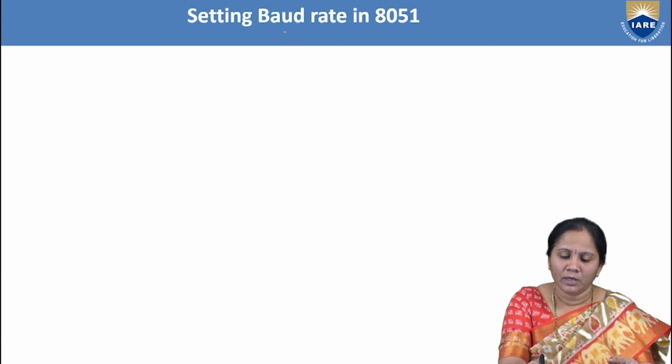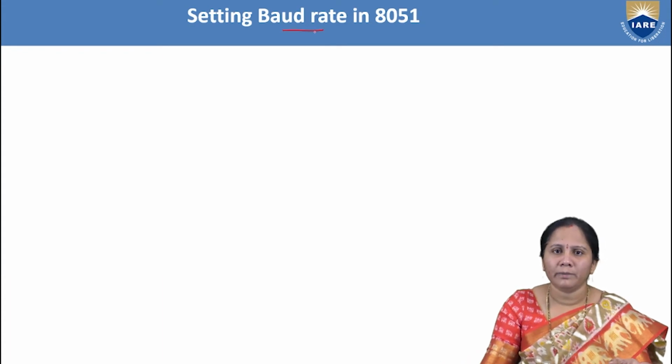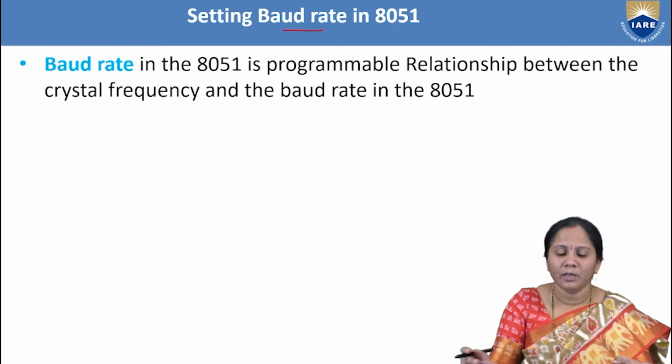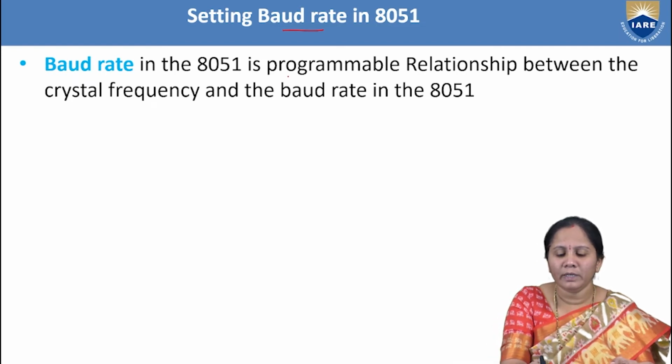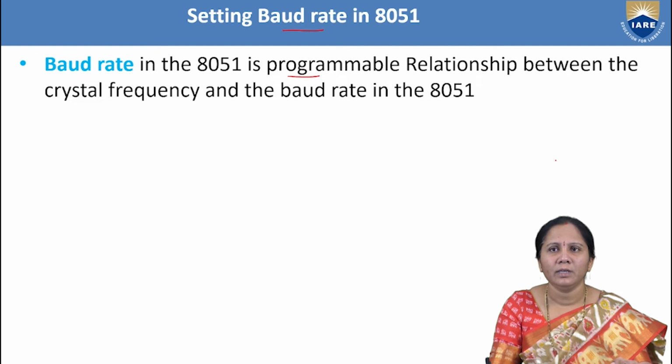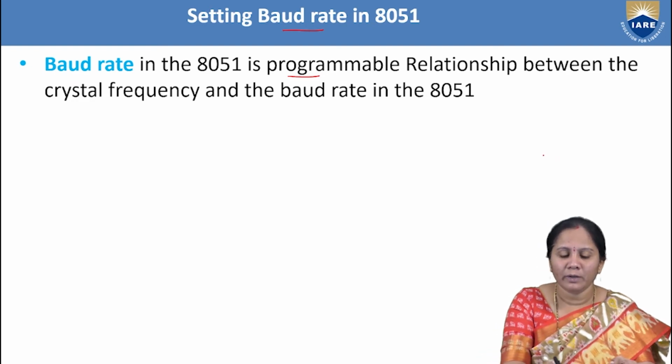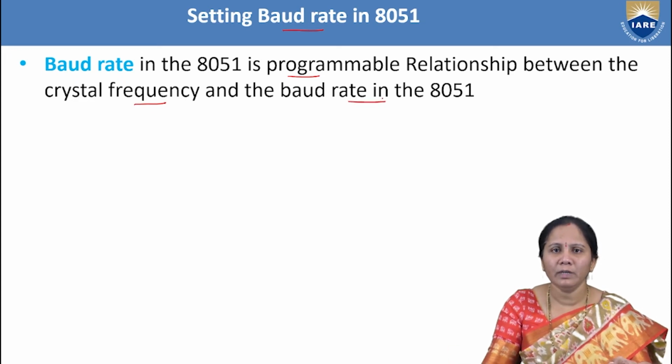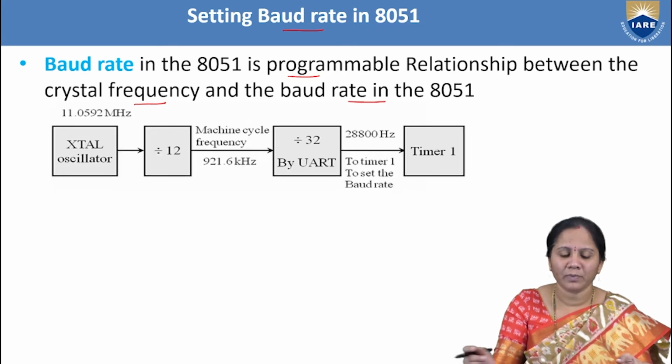Now, how to set the baud rate in 8051 microcontroller? Here, the baud rate in 8051 microcontroller has a programmable relationship with the crystal frequency. We will see what the relationship is.